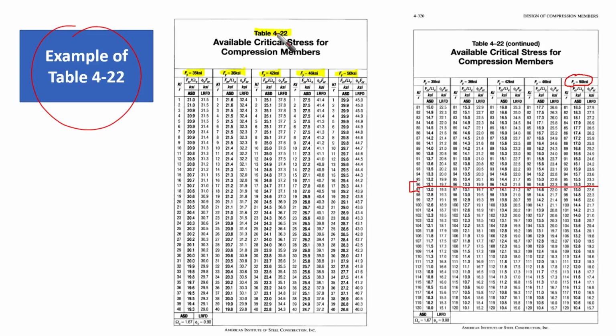We're going to find it in Part 4 in the manual. You can stop the video now, browse your manual and go to Part 4, and you're going to find this table, which is titled Available Critical Stress for Compression Members.